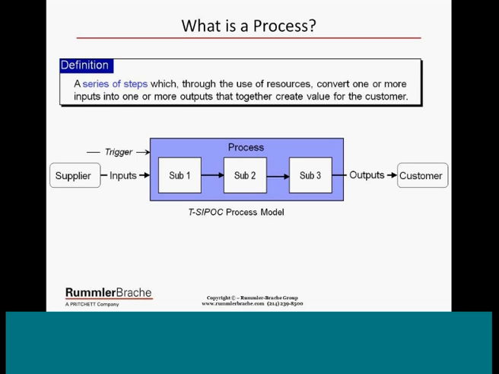For us, the trigger is extremely important in process mapping because it's the event that initiates the work. It's one of the things that helps you separate one process from another, understanding what the different triggers are. And finally, of course, there are also suppliers and inputs. So this is the familiar SIPOC model of process with the trigger added.